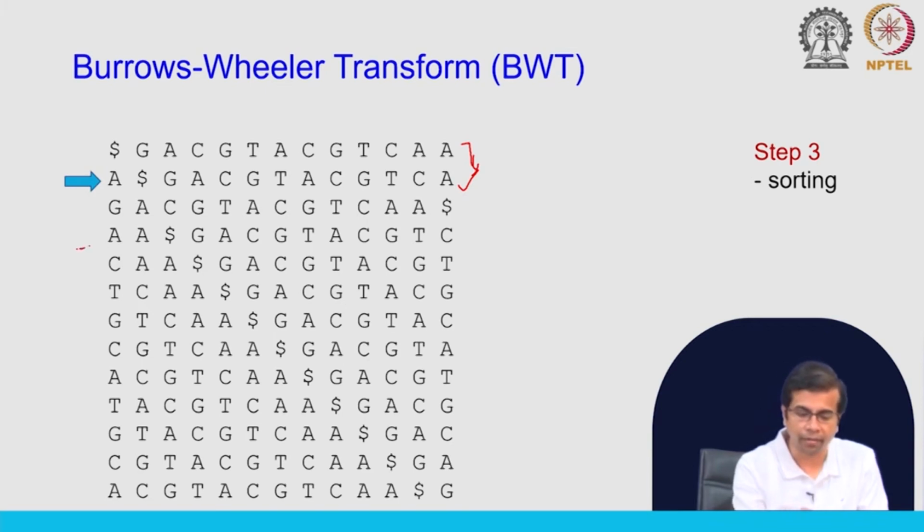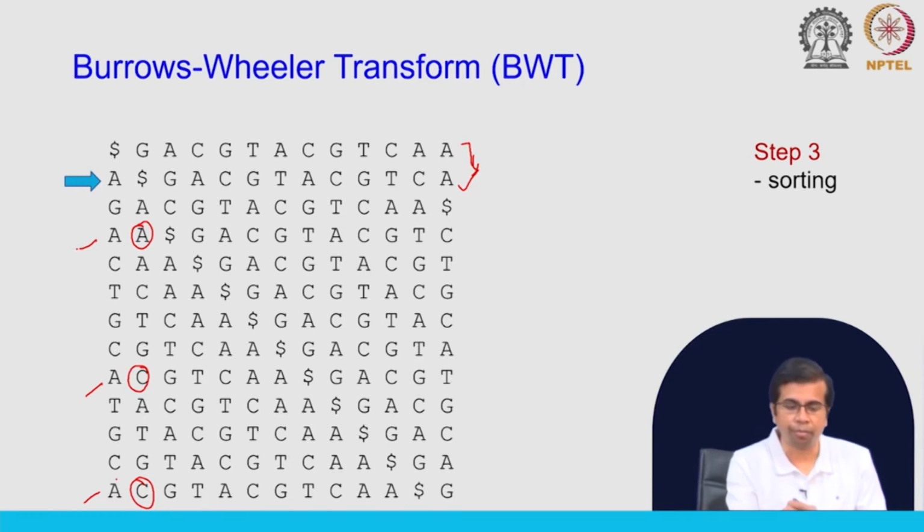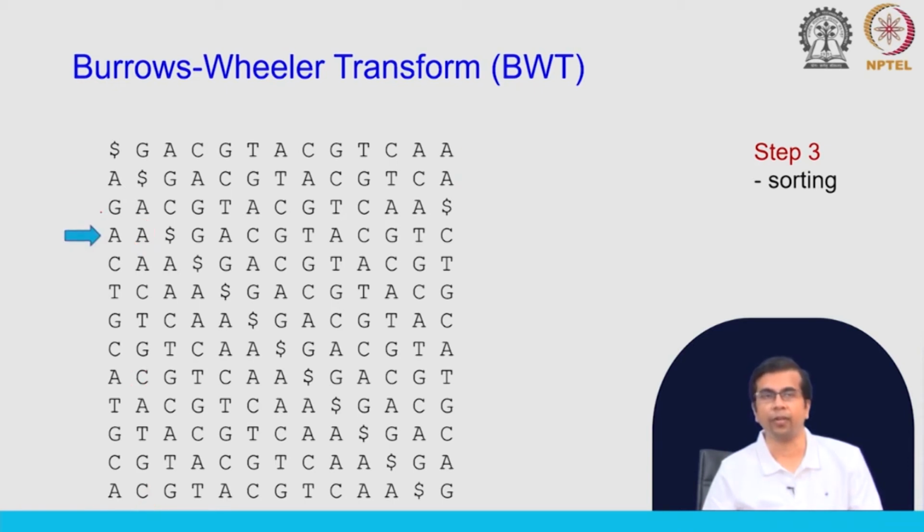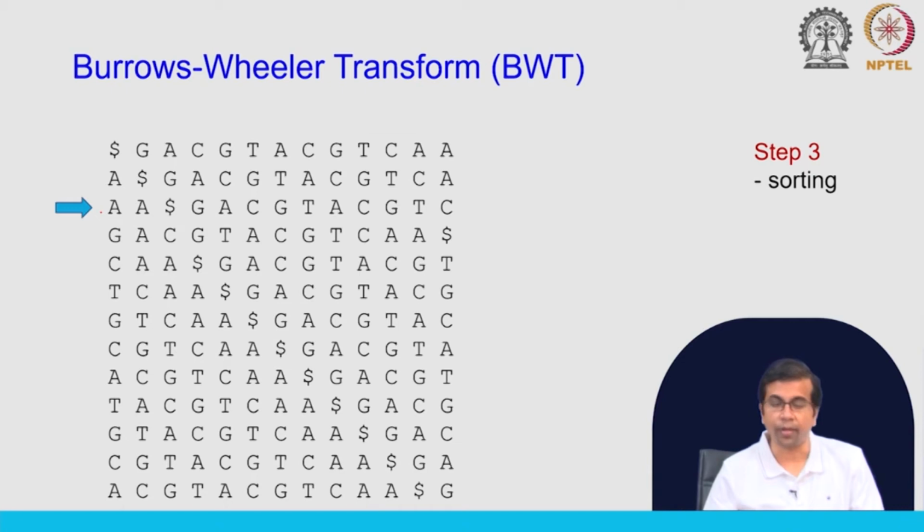You have again these ones with A's, and the first letter is same for all of them, A is the first letter, but for this one the second letter is A, for this one the second letter is C, C here. So, surely this one has to be moved here. So, this one we have chosen and this will move here. This is the third one. Now, this is the sorted part.